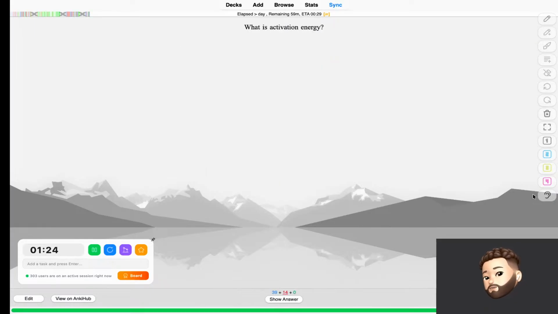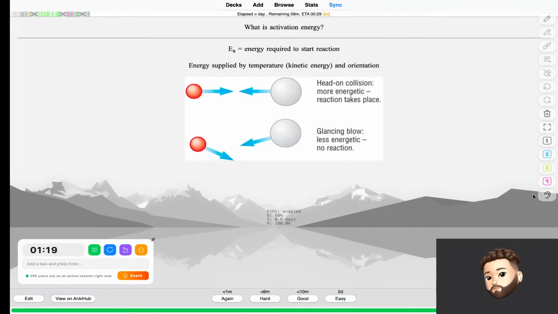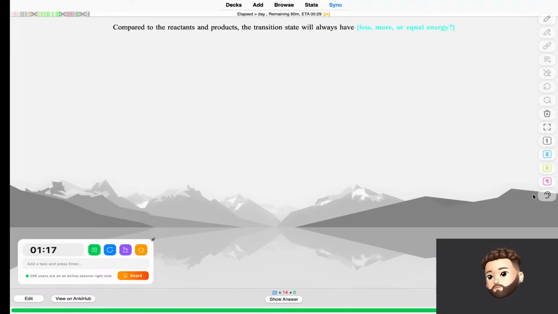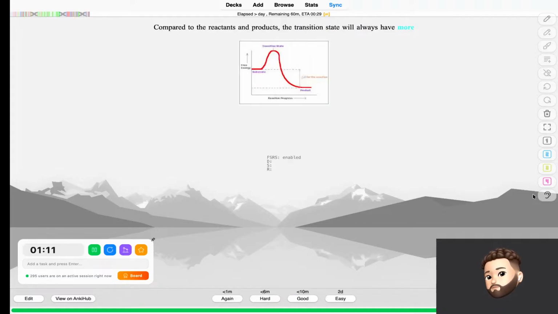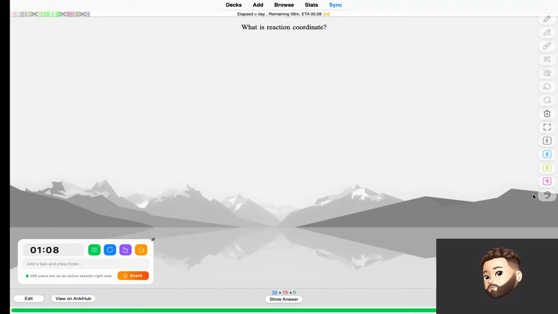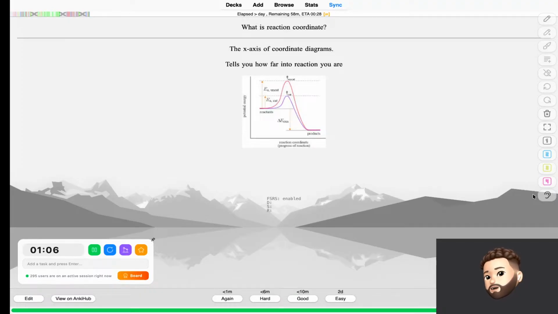What is activation energy? The amount of energy necessary to start the reaction. Compared to the reactants and products, the transition state will always have more energy. What is reaction coordinate? The x-axis of coordinate diagrams.